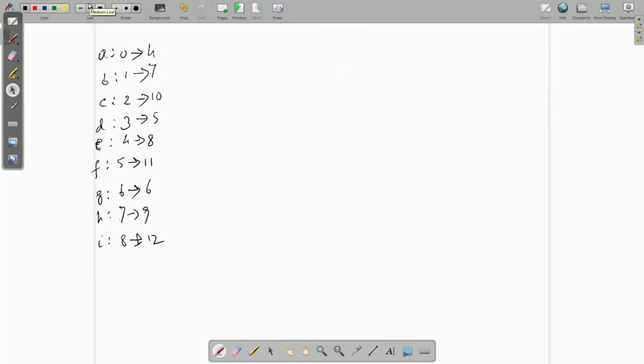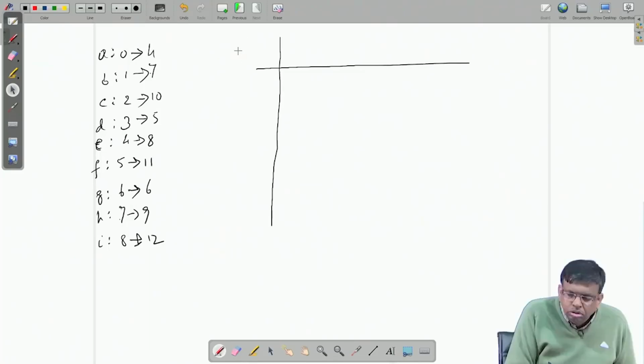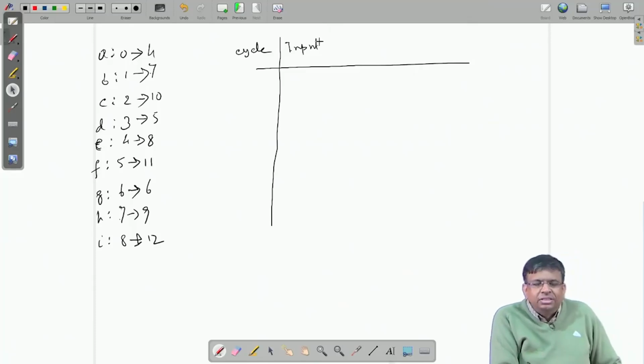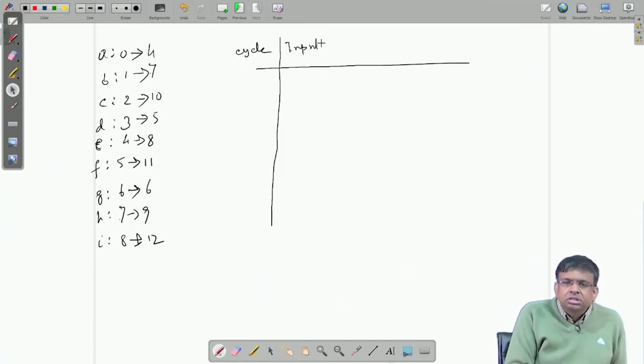The table looks like this. This is the cycle input. Cycle means I am considering the Lth input cycle, which means system cycles are 9L plus 0, 9L plus 1, up to 9L plus 8.